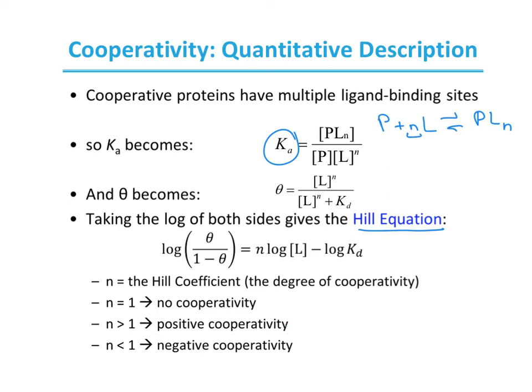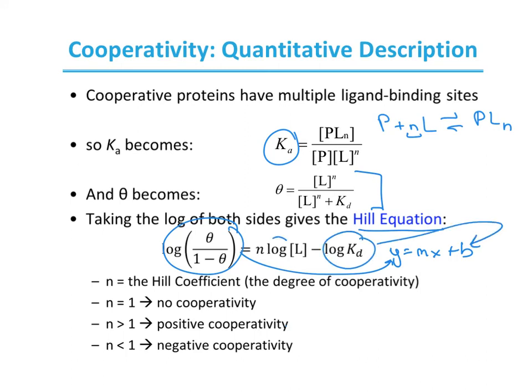Now when we then rewrite that in terms of theta, we get to this description. Now we can take the log of both sides, which gives us the Hill equation, which is in the form of an equation for a line, y equals mx plus b. So here this would be y, this would be b, this would be x, and then the n value would be the slope, which is called the Hill coefficient.